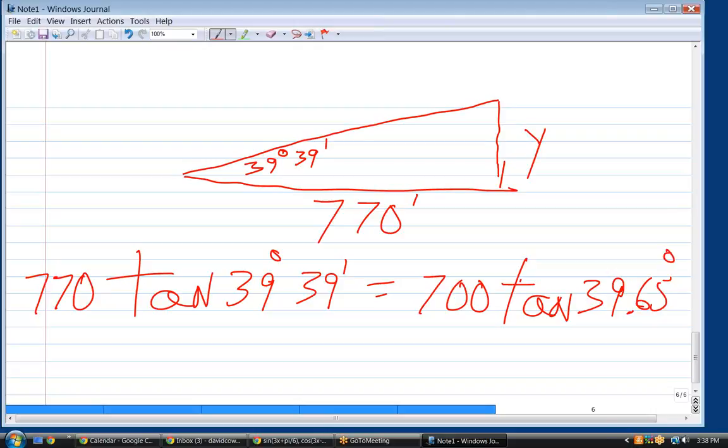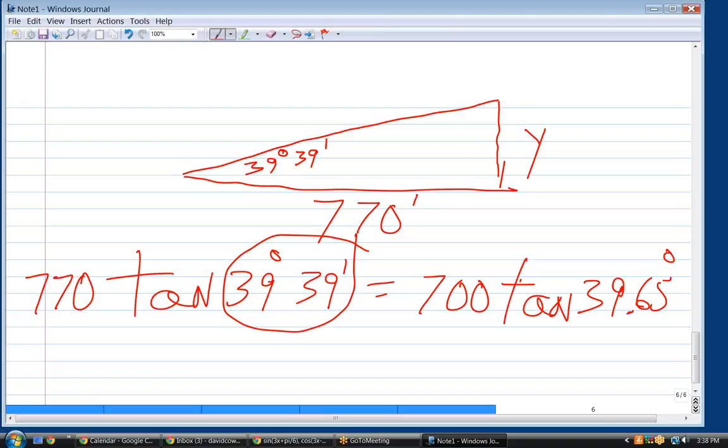I'm not sure your calculator will take degrees and minutes. It probably does have a setting where you could set it on degrees and minutes, but it's probably just as easy to convert it to a decimal and then put the decimal value in.